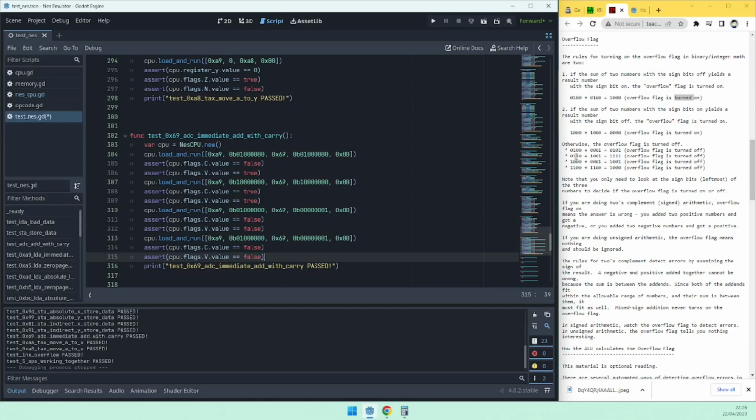So next is everything except the endings. Only the first and last. And this one should not create a carry, and also not create an overflow, because this will be a false one.